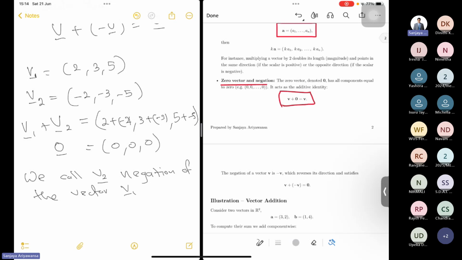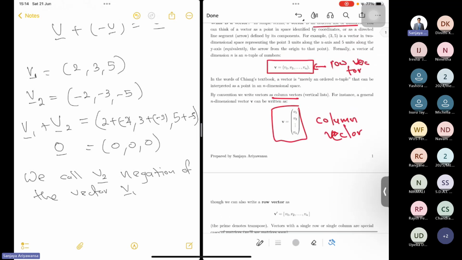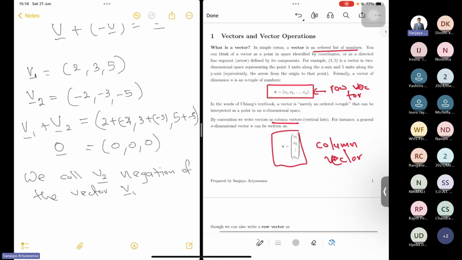So what did we talk about? We simply introduced what a vector is. It's an ordered list of numbers. You can represent it as a row vector, the ordered list of numbers in terms of a row, or you can represent it as a column vector, right, as a vertical list.